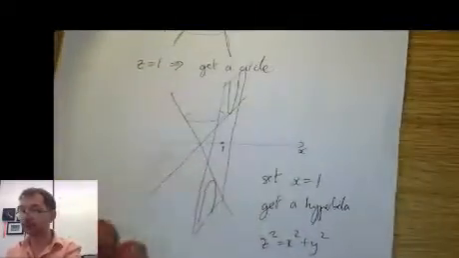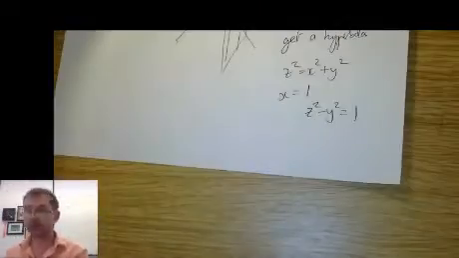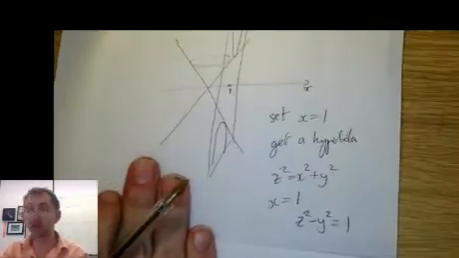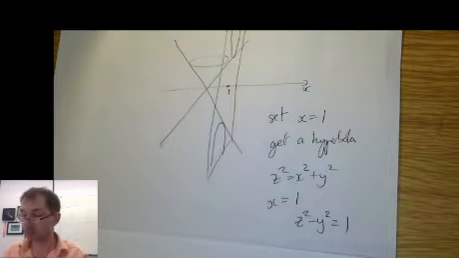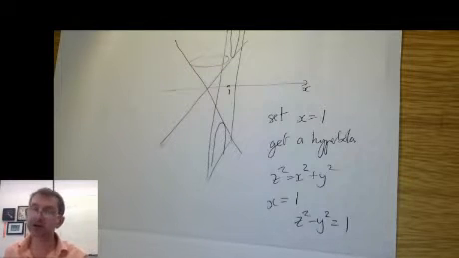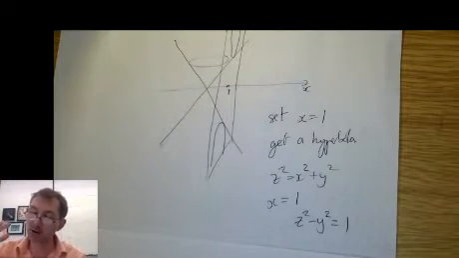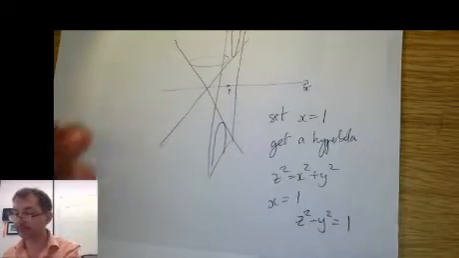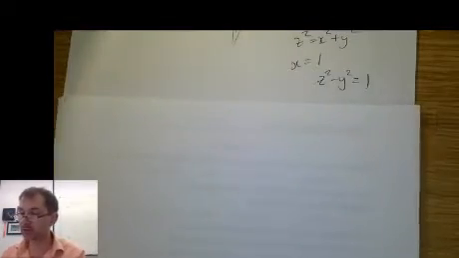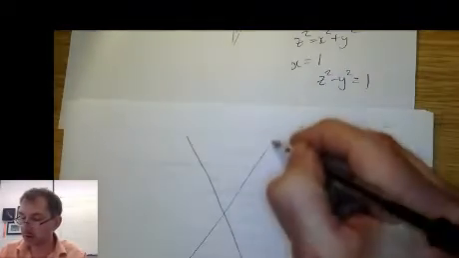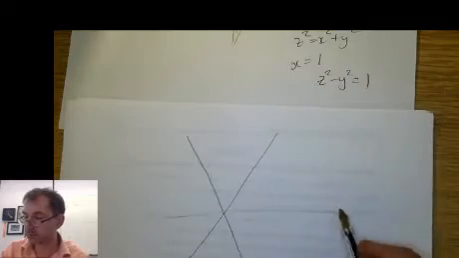Now, if you want to get a parabola, you have to take a non-standard affine chart. We need one that is parallel with the side of the cone. I'll just draw it, and we'll see if we get the right result.